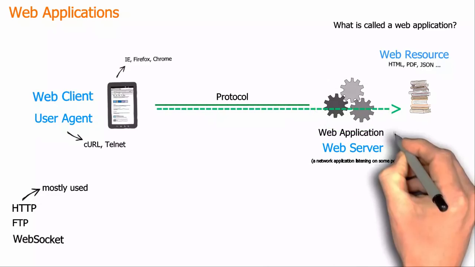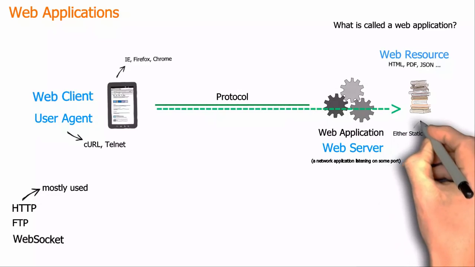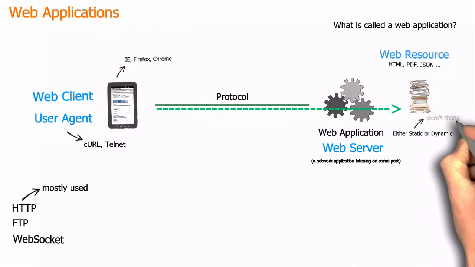A resource could be either static or dynamic. A resource which does not change is called a static resource. That means it's like some static file sitting on the web server's hard disk, or sitting somewhere which the web server has got access to. When a request for a resource comes from a web client, the web server passes that resource to the web client straight.